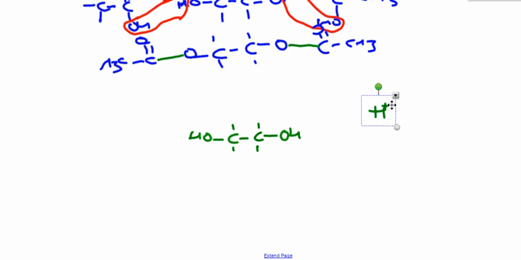So you've got your H plus and your chromate ions, which will give you a colour change, orange to green. And the name of the reaction, oxidation.